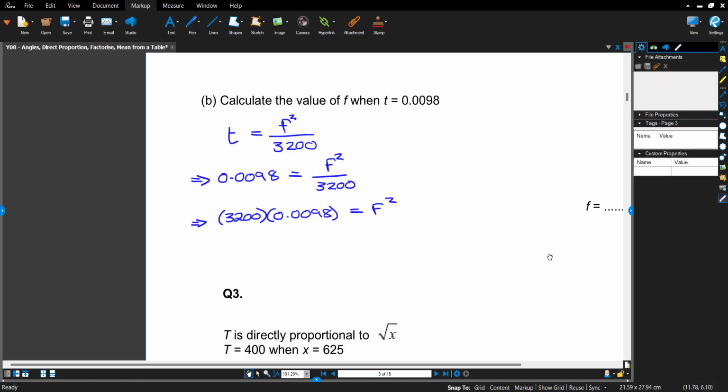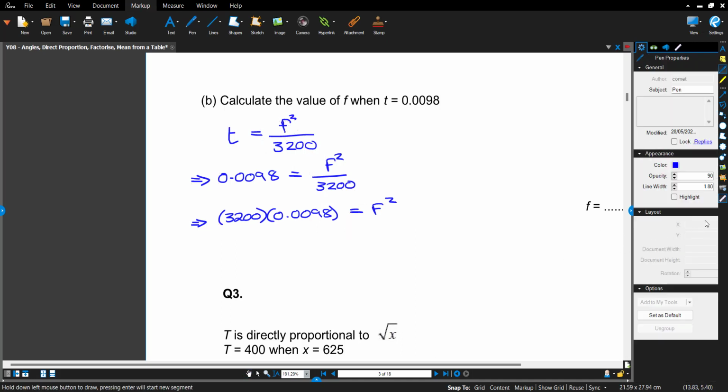But you might. So, yeah. If it was me, I would do this. I would say that implies f equals the square root of this rubbish over here, 3200. It's the square root of that.